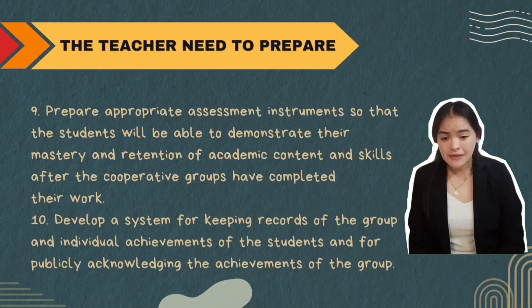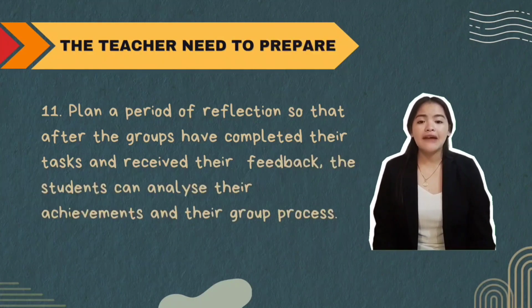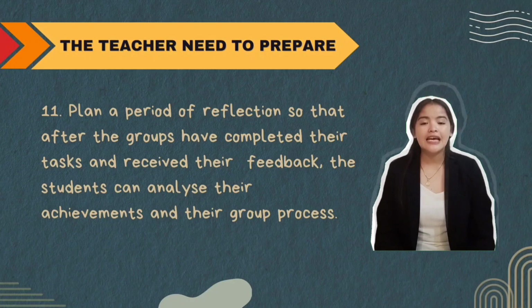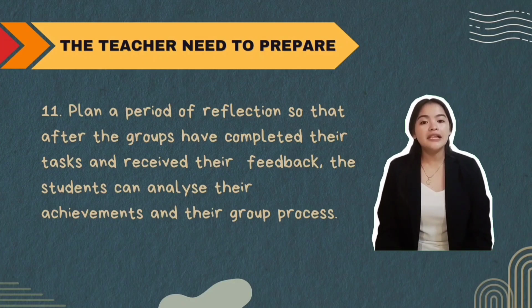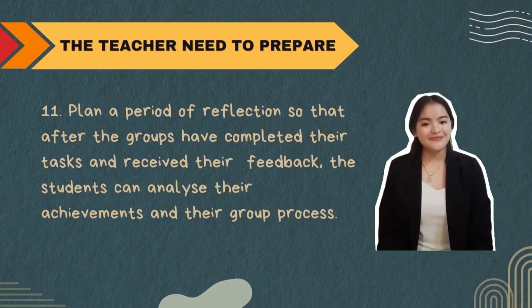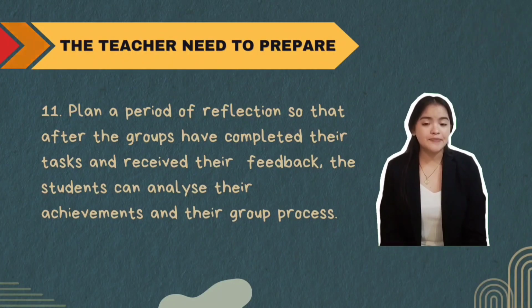And lastly, plan a period of reflection so that after the groups have completed their task and received their feedback, the students can analyze their achievements and their group process. That is according to Kellen, 2009.